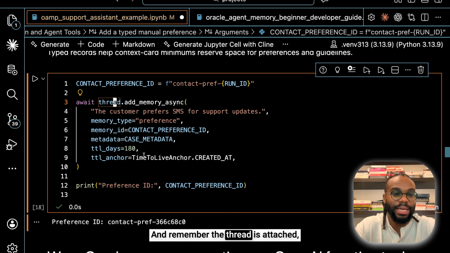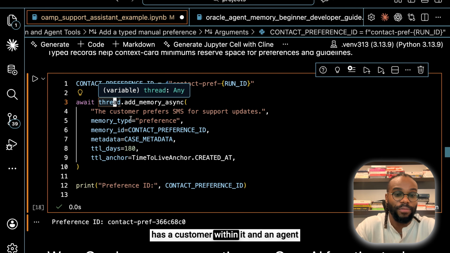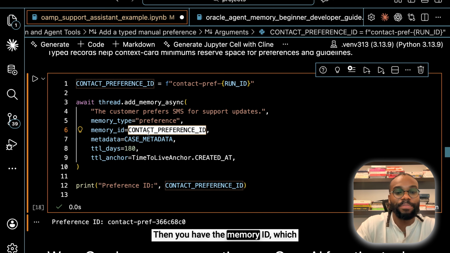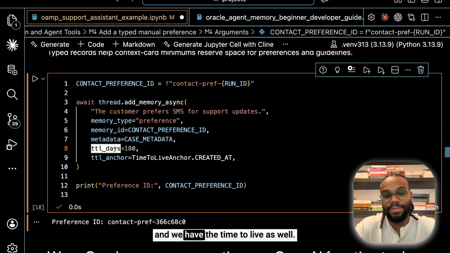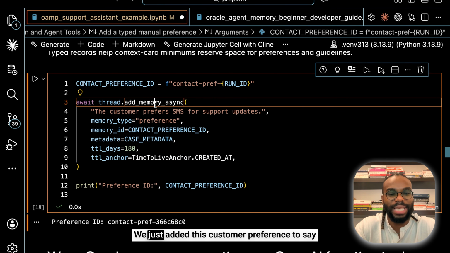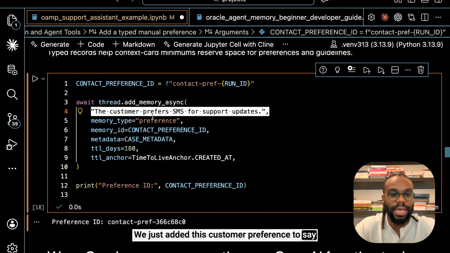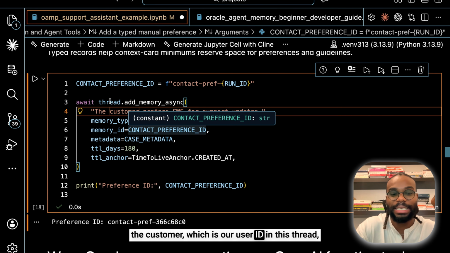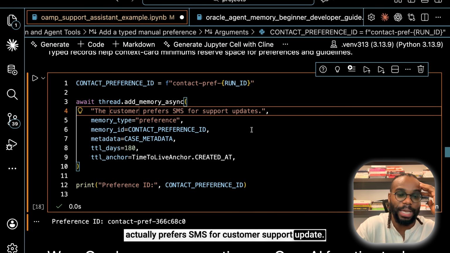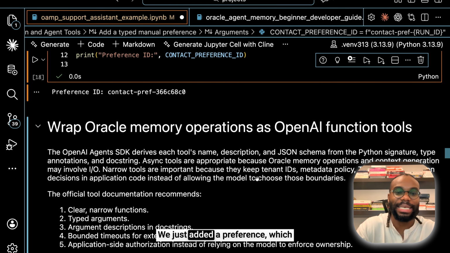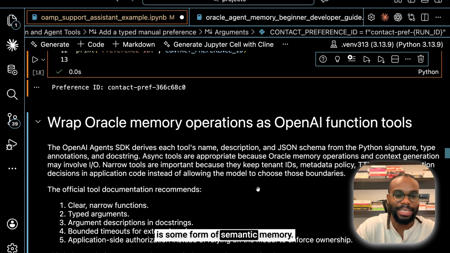And remember, the thread has a customer within it and an agent as well, this thread object specifically. Then you have the memory ID, which we can just create right over here, and we have the time to live as well. We just added this customer preference to say the customer, which is that user ID in this thread, actually prefers SMS for customer support updates. That's very simple. We just added a preference, which is some form of semantic memory.